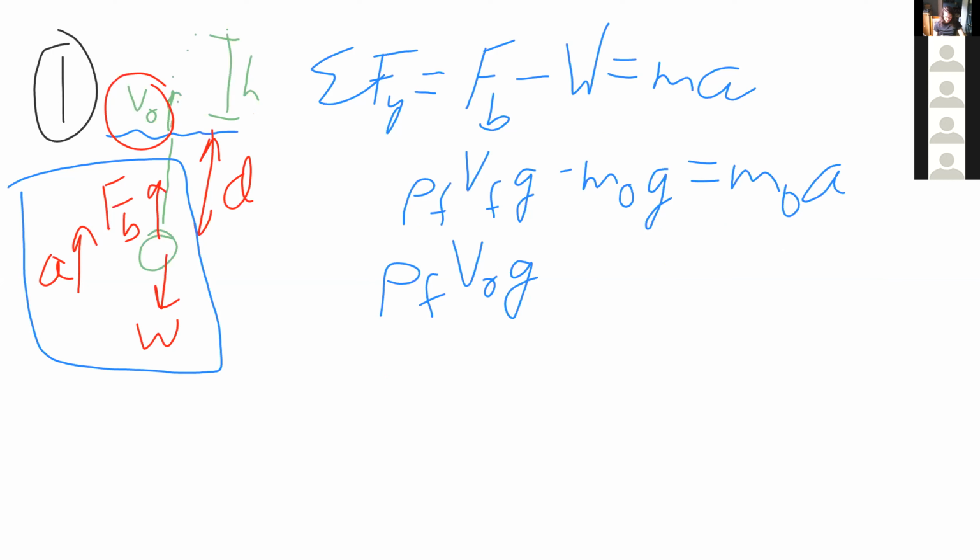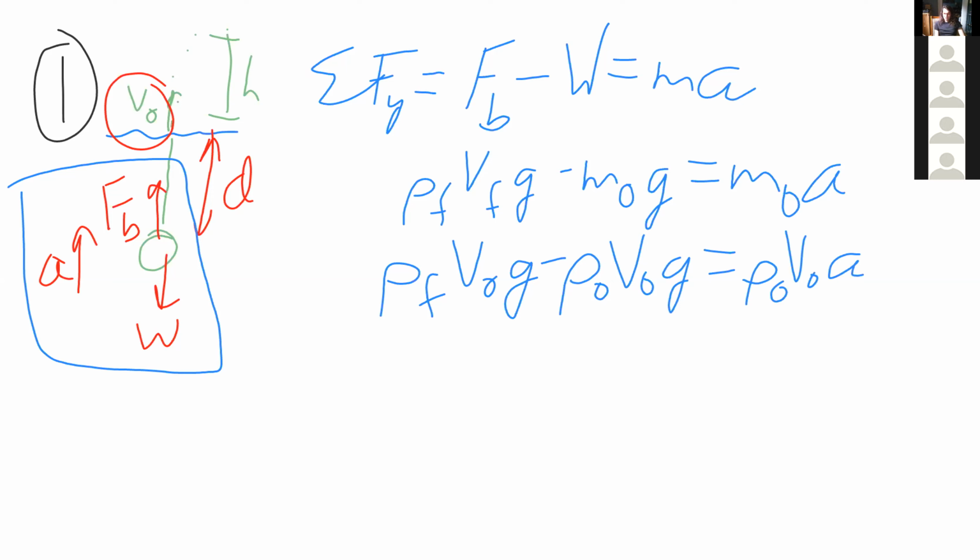So I now have minus density of the object, volume of the object times gravity. And on the right-hand side, I'll do the same replacement for m of the object, so I have, again, density of the object, volume of the object times acceleration.